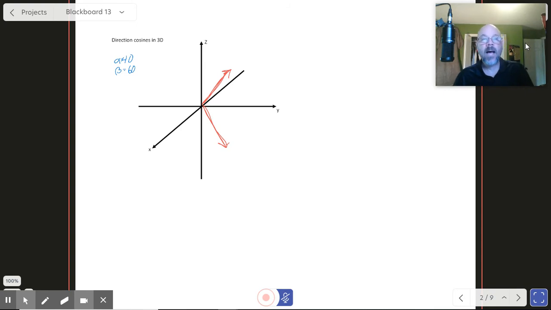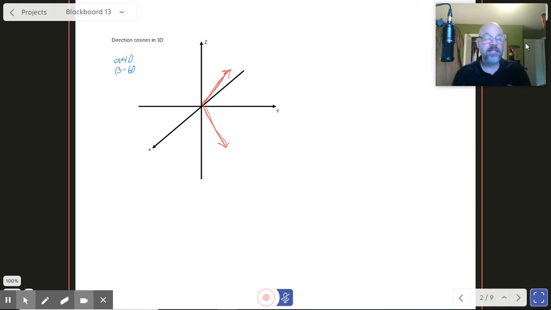Both of these are going to lie on the intersection of the two cones. Okay. Now, if it's a vector, then we're going to have more to go off of than just alpha equals 40 and beta equals 60, because if we do that, then we've got two vectors and we don't know which one is which. Okay. So there's ways around that.